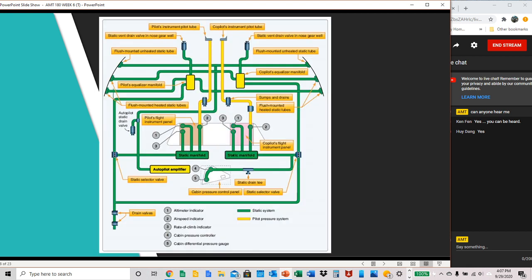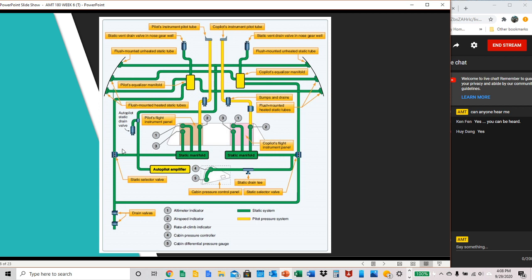Here you might have an example of a more complex system, such as in larger aircraft, possibly aircraft with more than one engine. So that's a good schematic to look at. You have your pilot's instrument pitot tube up here, the co-pilot's instrument pitot tube, static vents and drain valves in the nose gear well. So that would be a diagram for a larger type aircraft.